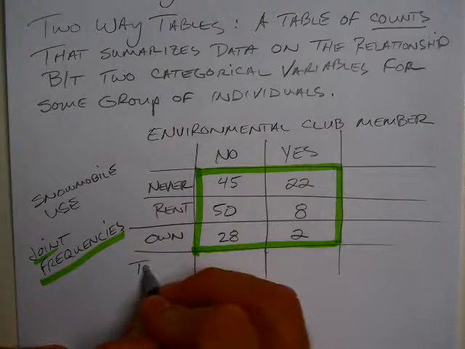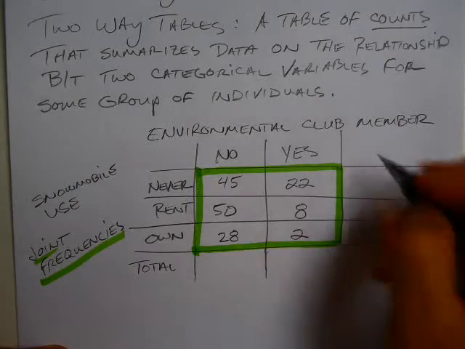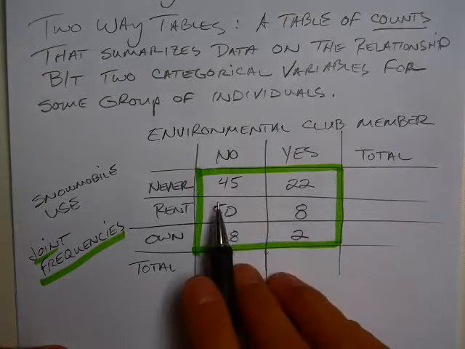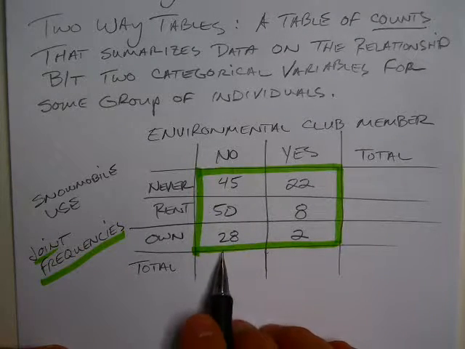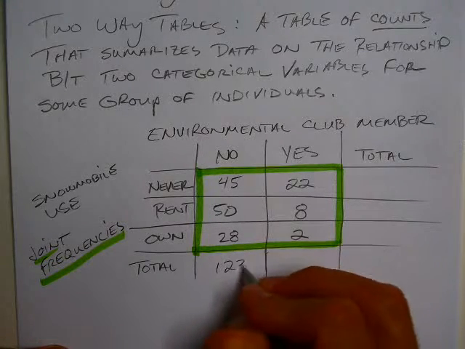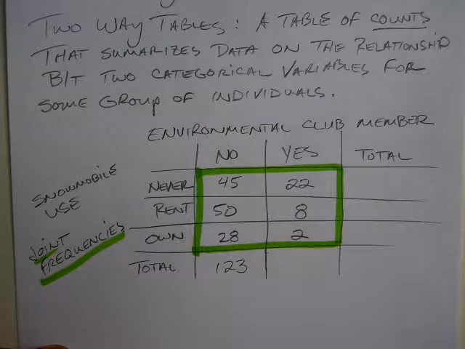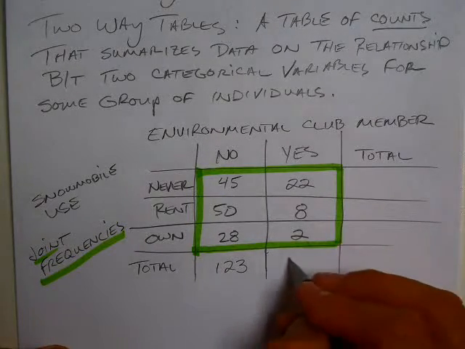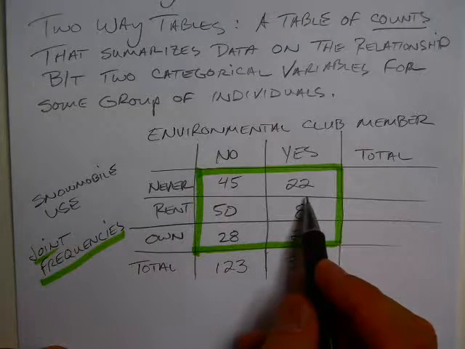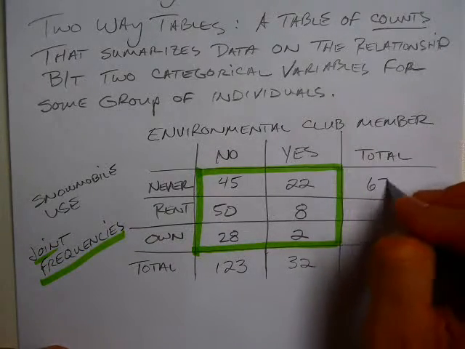Now we have totals. We actually have two totals. So let's see, 45 and 50 is 95, plus 28 is 123. 22 and 8 is 30, plus 2 is 32. And now I have 45 plus 22, that would be 67.